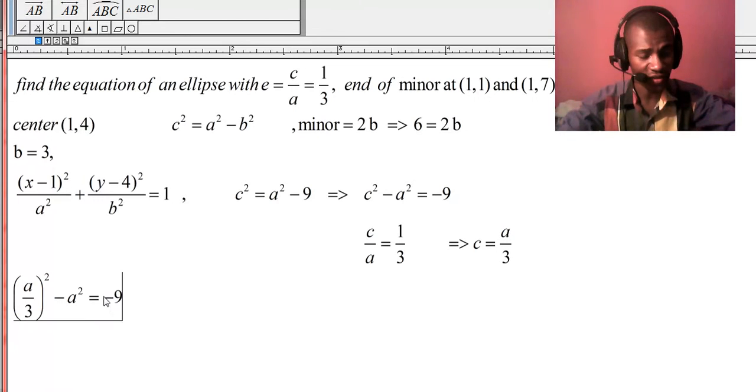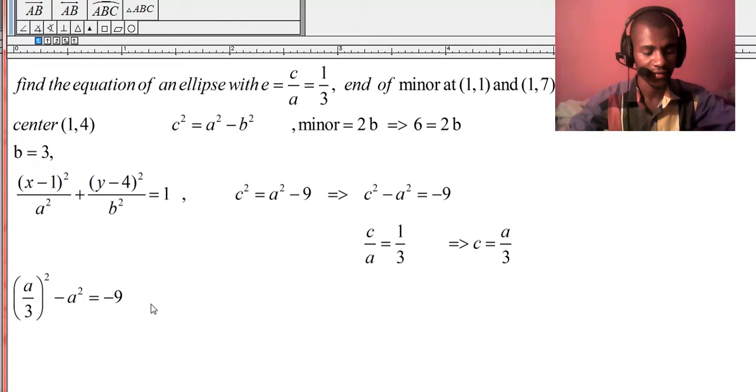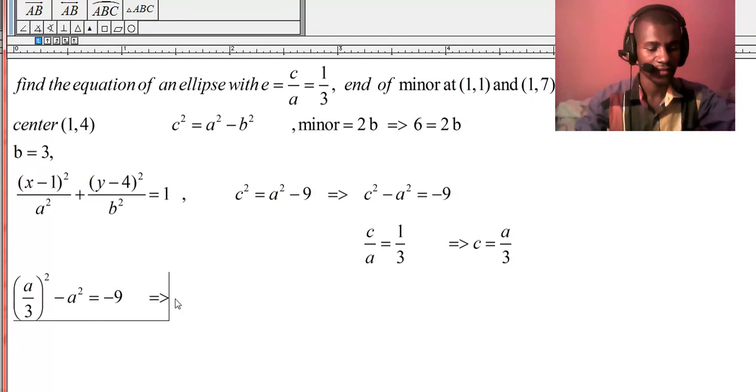Then we can solve this one, and then the answer will be A squared. Let me just write it in full in case some of you guys don't know what I'm trying to do here.